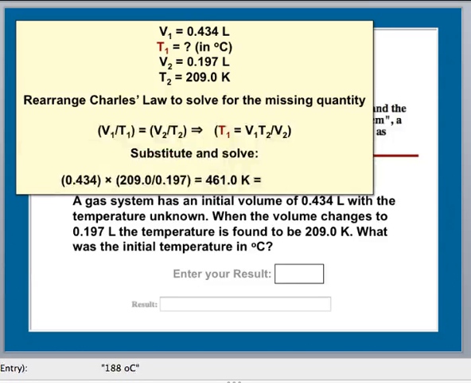When we substitute in, this is our initial volume. This is our final volume. This is our final temperature, 209. Do our math, and this comes up to be 461 Kelvin.